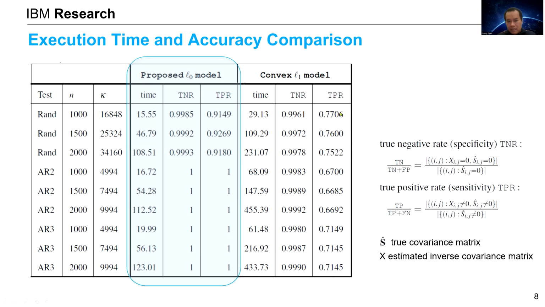And we can see that for the L1, it can have a low value for the true positive rate. By applying the L0 model, we can increase the performance, and we can have a better prediction of the graph structure of the graphical model. And in terms of solving time, even though our problems look more complicated, we can solve them efficiently.